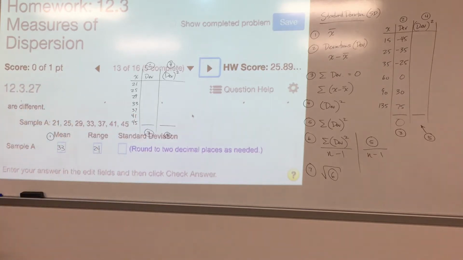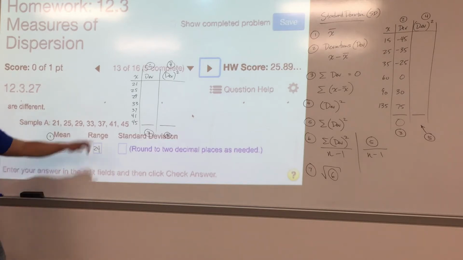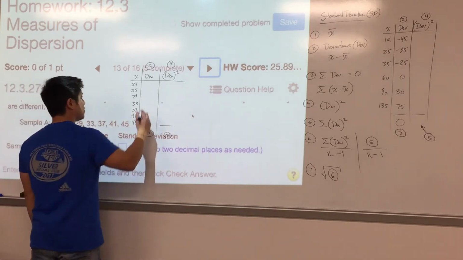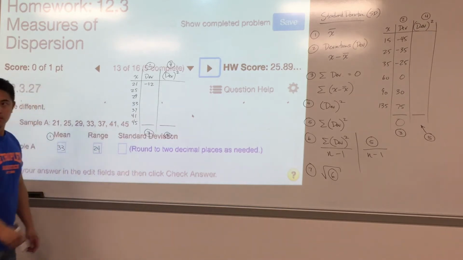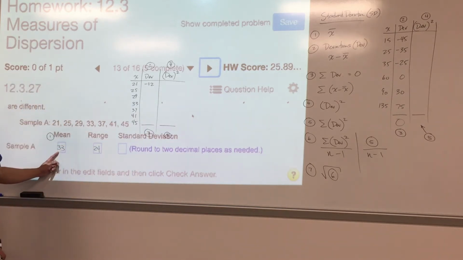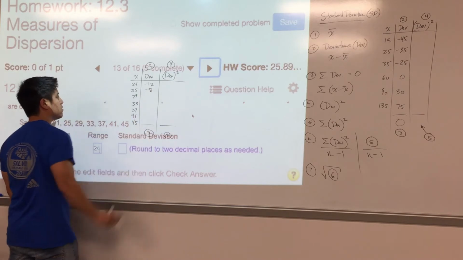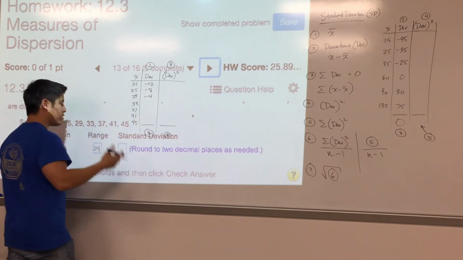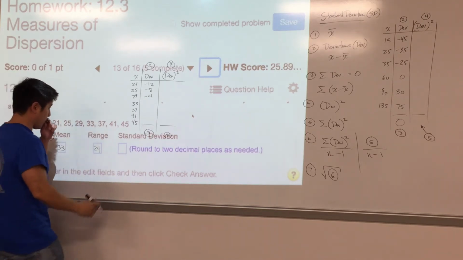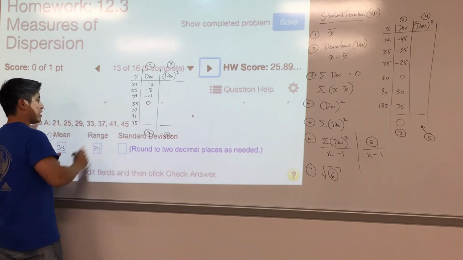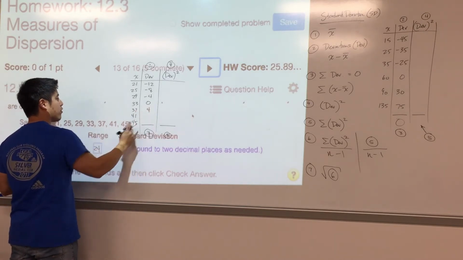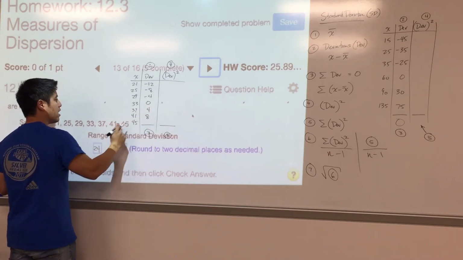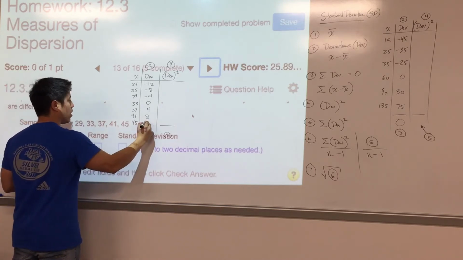Let's figure out first the deviations for it. 21 minus 33, negative 12, right? 25 minus 33, negative 8. 29 minus 33, negative 4. You guys could all do this. 33 minus 33, 0. 37 minus 33, 4. 41 minus 33, 8. And 45 minus 33, 12.